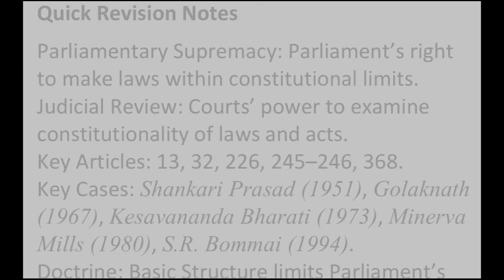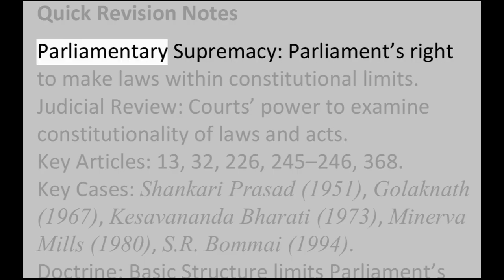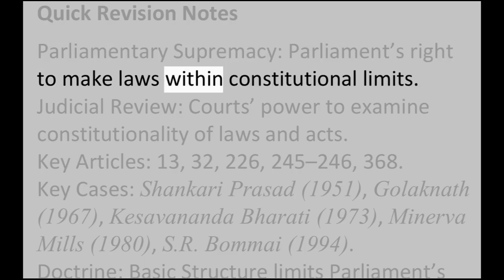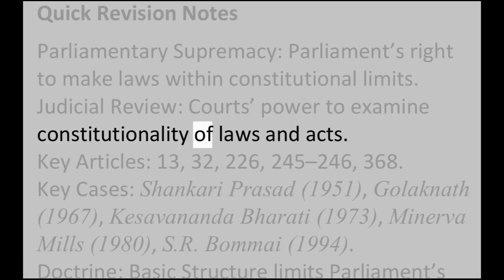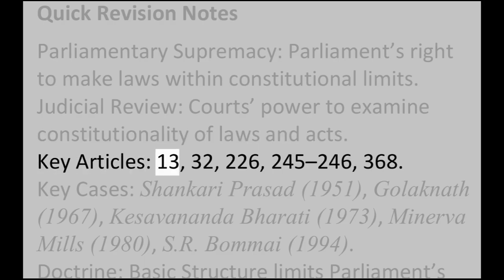Quick revision notes. Parliamentary supremacy: Parliament's right to make laws within constitutional limits. Judicial review: court's power to examine constitutionality of laws and acts. Key articles: 13, 32, 226, 245 to 246, 368.